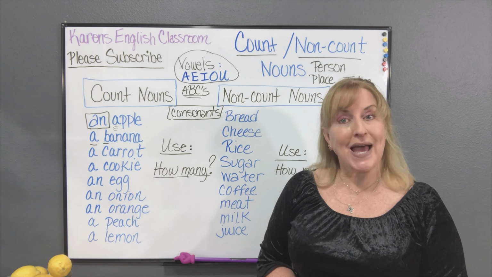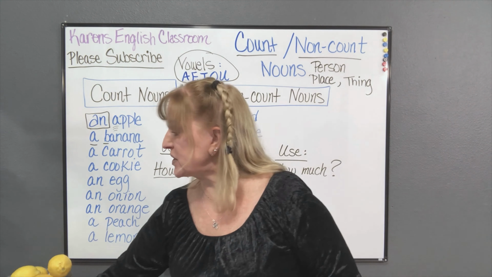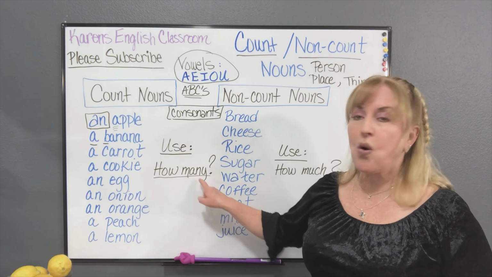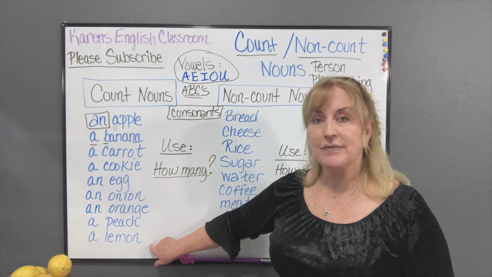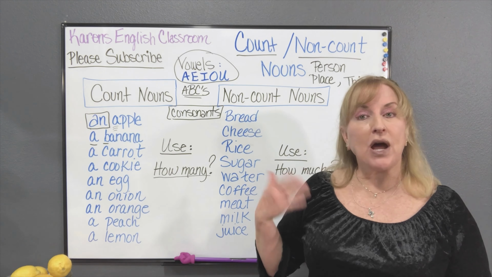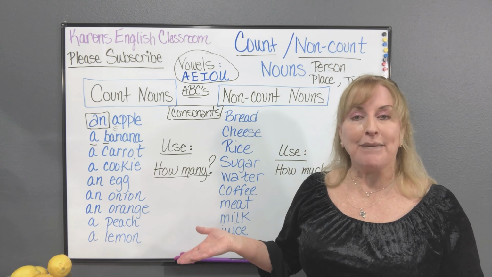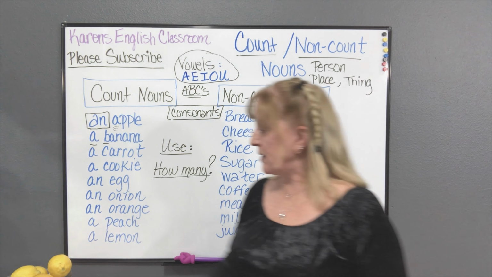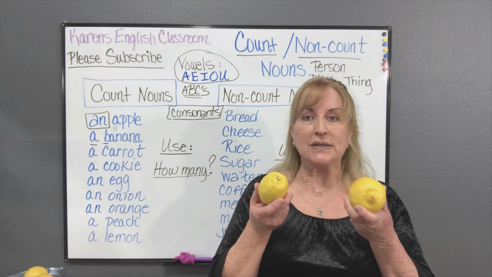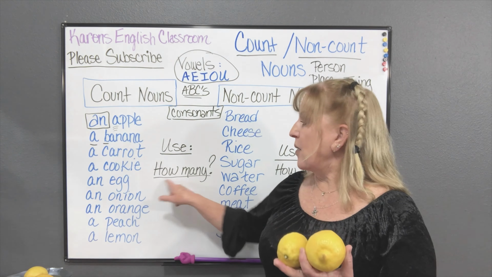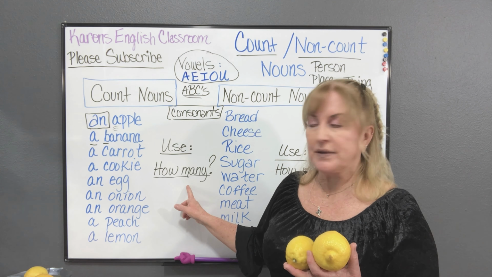And you say yes. My question is going to be how many lemons? Because now we're talking about more than one. How many lemons do you want? I want two lemons.